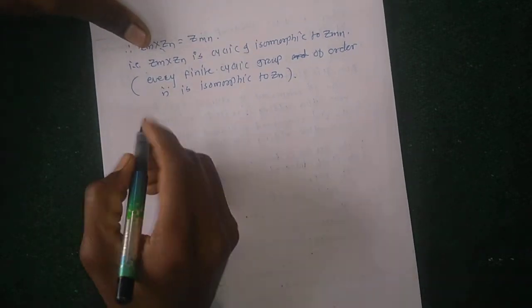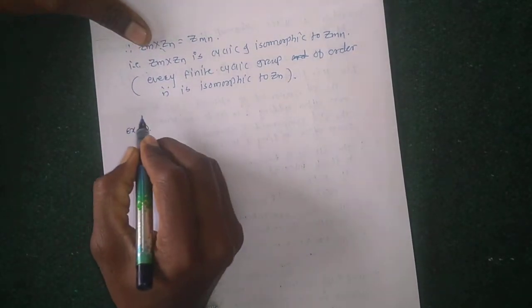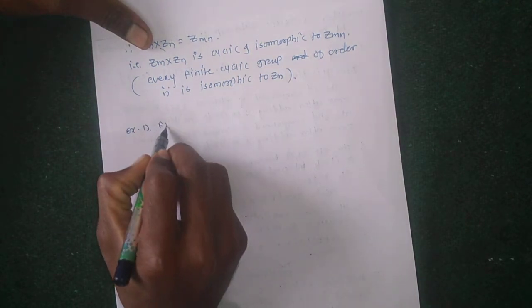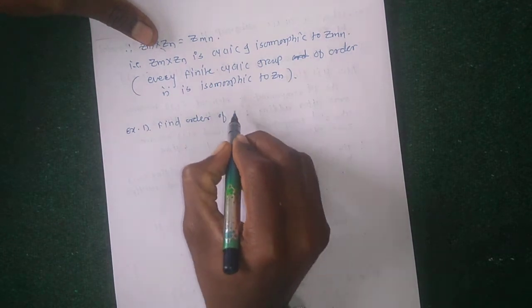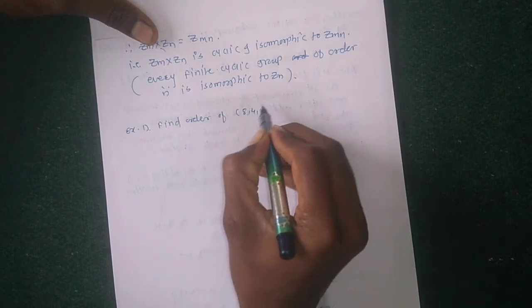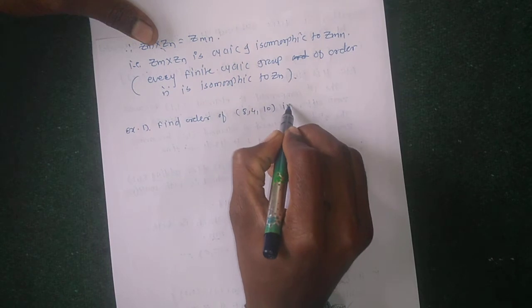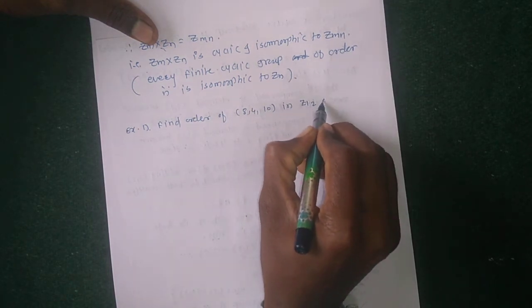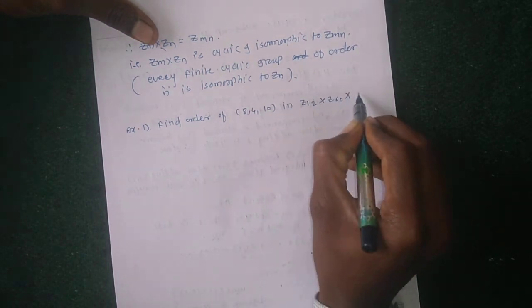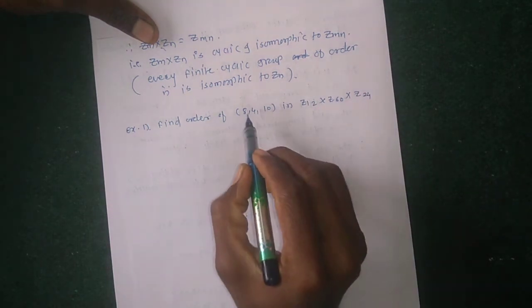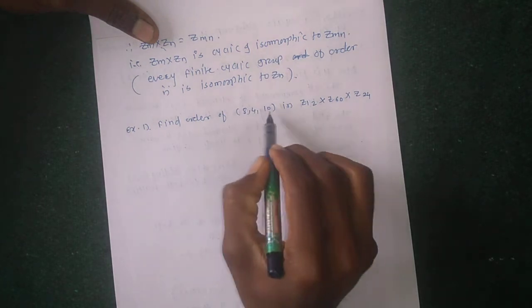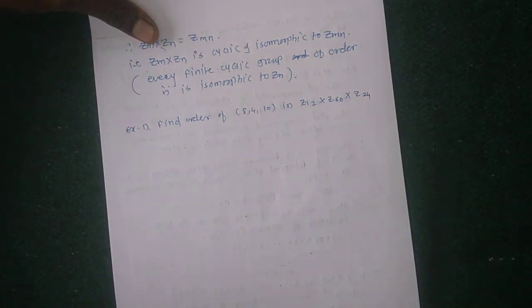Example: first, find the order of (8, 4, 10) in Z12 cross Z60 cross Z24. To find the order of this element, how do we find it?